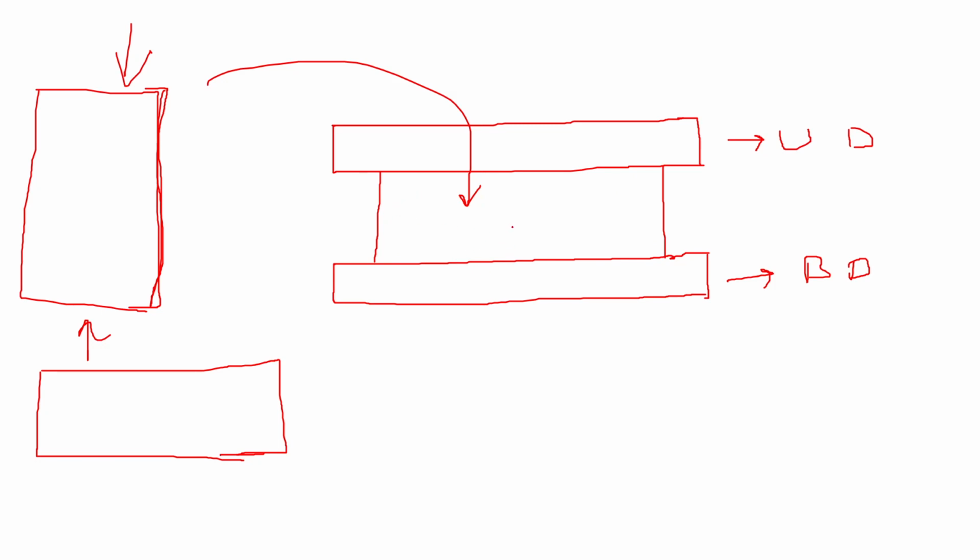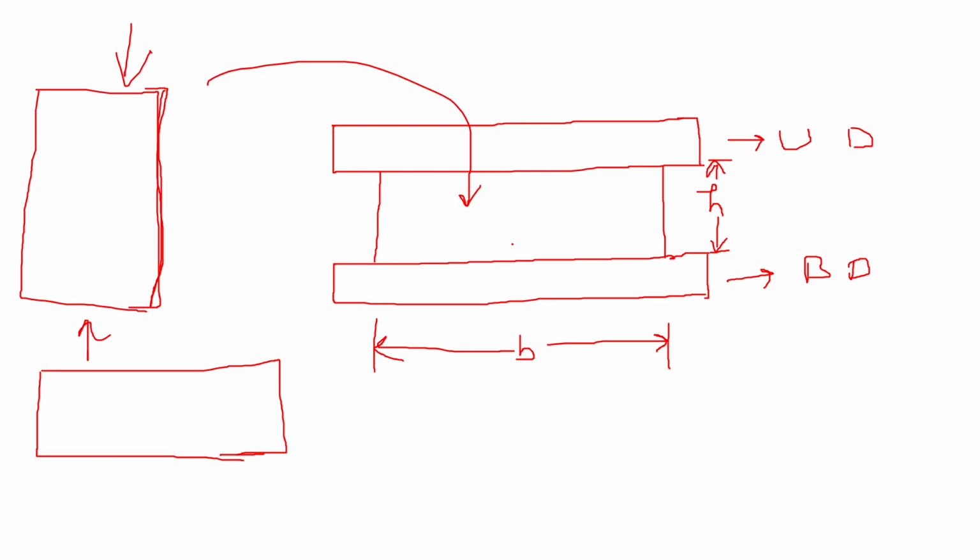Let me write P as the height of your final product, and this is the length of your final product, suppose it is B. This is the simplest way we carry out the open die forging operation.